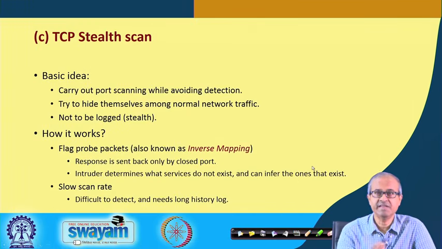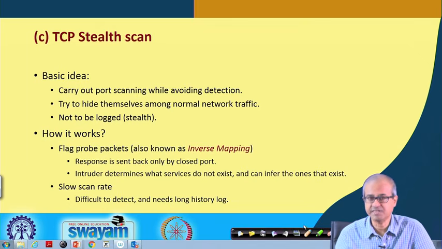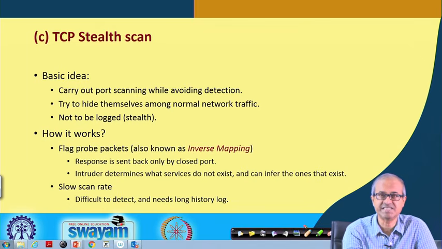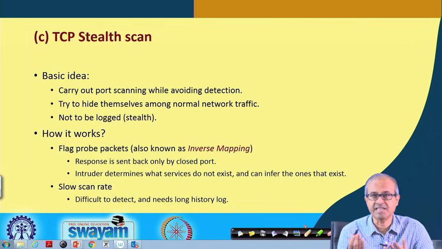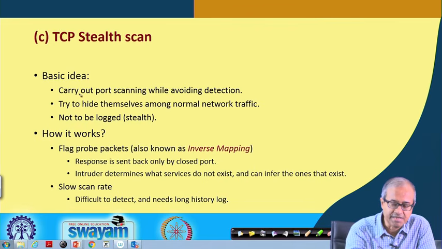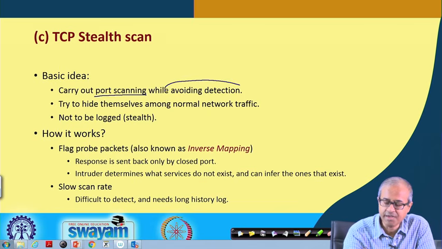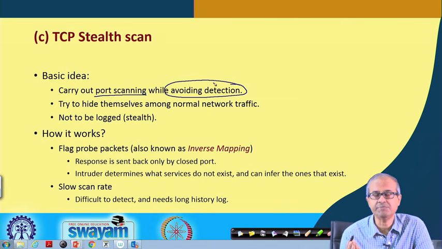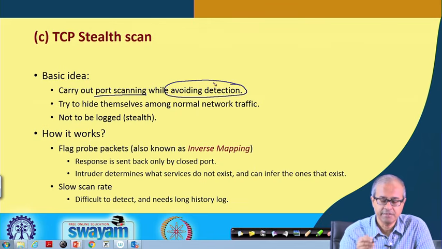Fine. There are some other, more sophisticated scans. This is called TCP stealth scan. Stealth, as you know, means you are hiding, no one will be able to detect you. That is the idea. So, here the idea is you carry out port scanning while avoiding detection, but what is the basic philosophy, how can you avoid detection? Let us try to get an idea.